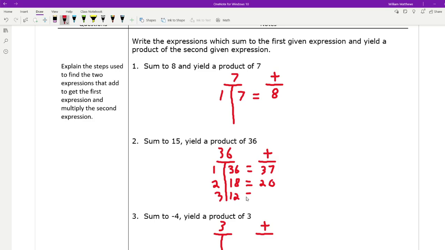And it also adds up to equal 15, what we were looking for. So now that we've found what we were looking for, we can write our answer down. Three and 12.